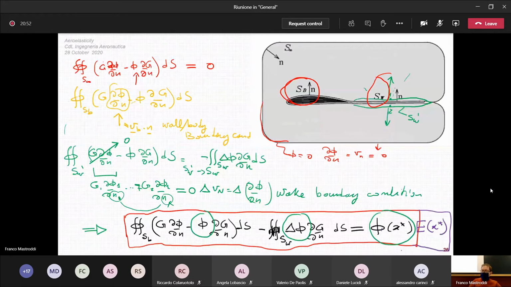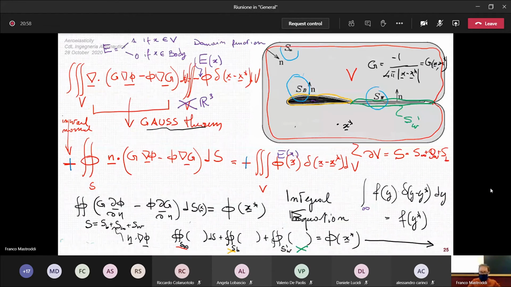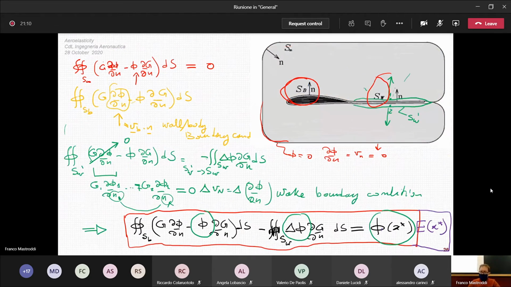Okay? Because when I apply the Dirac delta function property, I have to evaluate phi and the domain function, which are functions of x, for x equal to x star. And therefore I have phi evaluated in x star by E evaluated in x star.